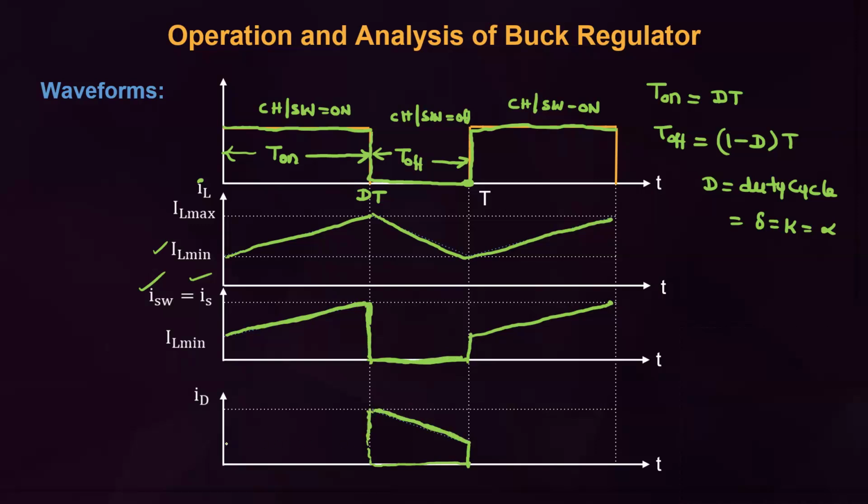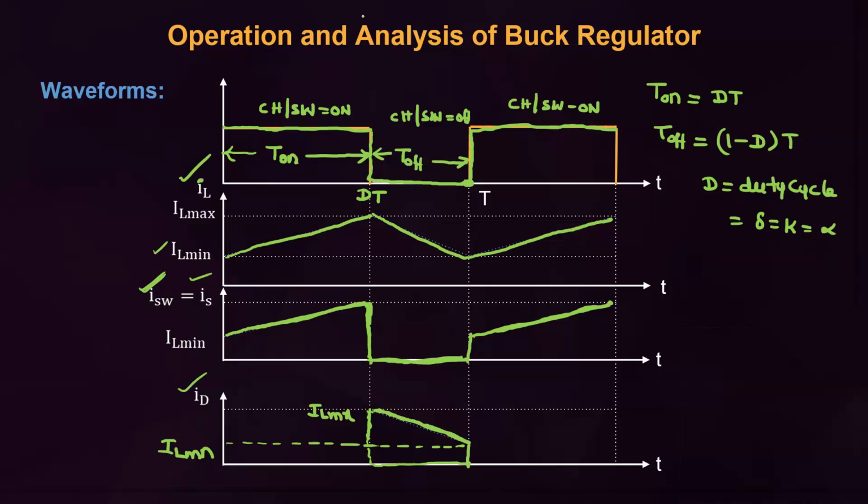The current is changing between minima and maxima. This is the minimum current, IL minimum, and this is IL maximum. Because of continuous mode, the current changes between minima and maxima without becoming zero. These are the inductor current, switch current and source current waveforms, and this is the diode current waveform, students.